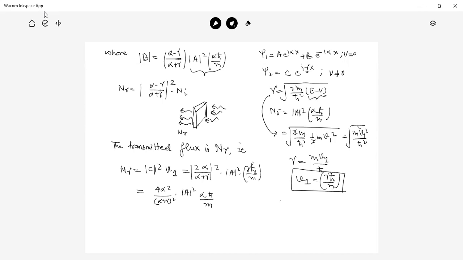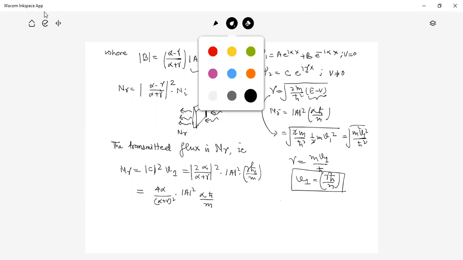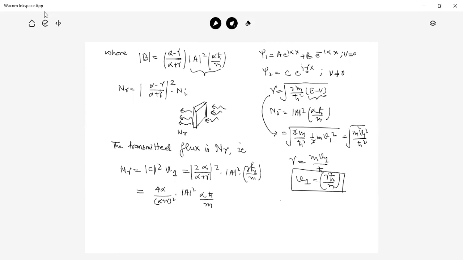So if you take this alpha, here it is only alpha, this alpha square, and this is gamma as well.